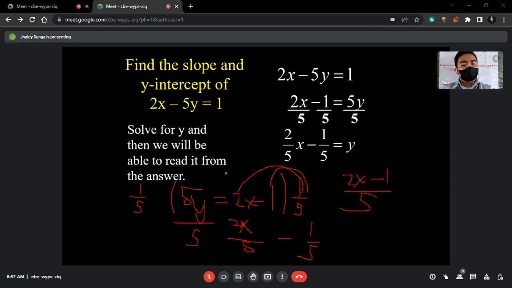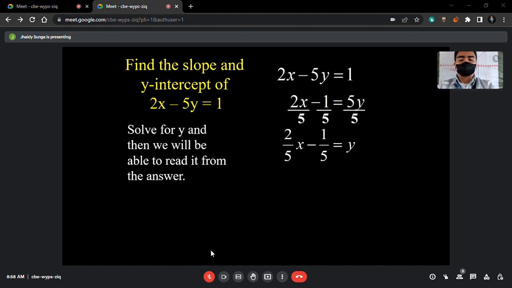If you are going to transfer this, it should be distributed through each term that you have, not for the whole. Alright, so let me erase. Distributing this 1/5, it turns out that you have y is equal to 2/5 x minus 1/5.